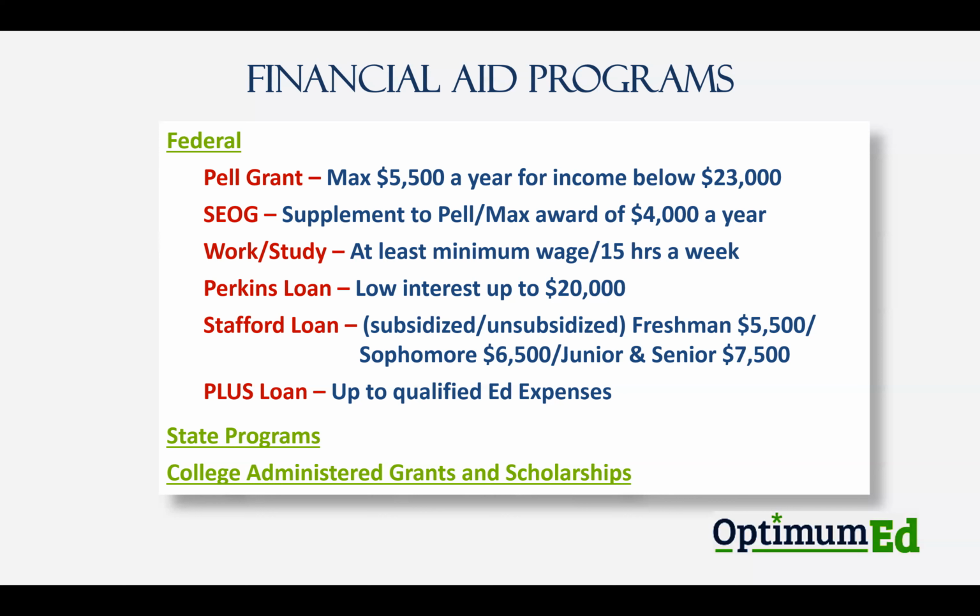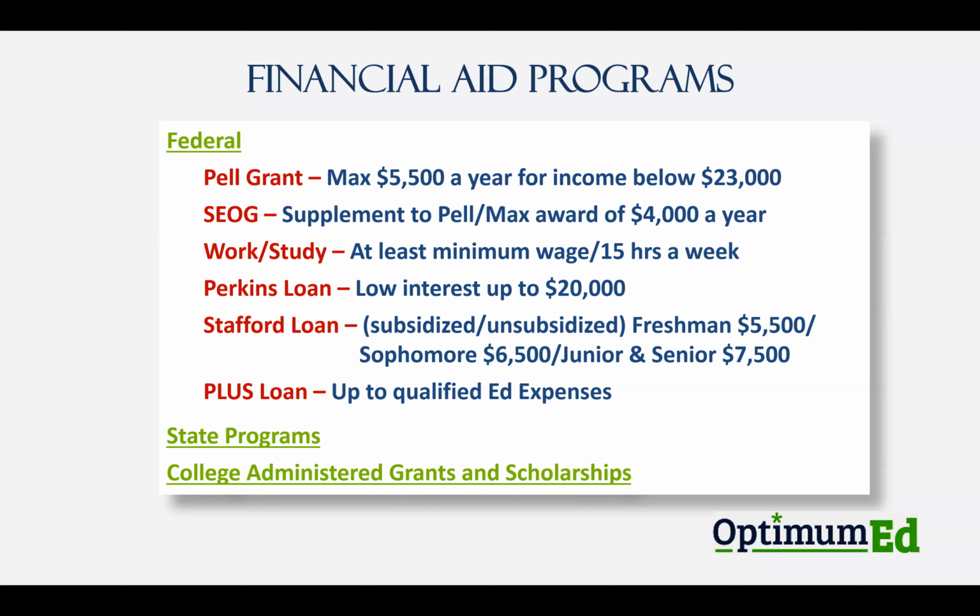So you can see, and this is between the student and Uncle Sam. It's a promissory note, so the student can take these out without mom and dad signing for them. So be conscious of that. And then there's a PLUS loan, which is the parent loan, which is credit based, and the parents can take up to qualified educational expenses based upon their creditworthiness.